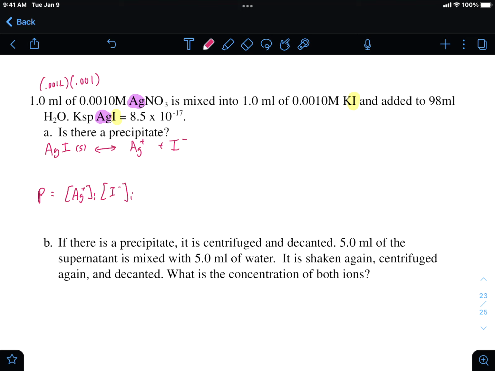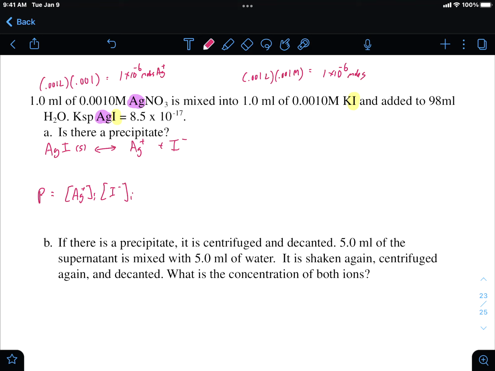So this is going to be 1 times 10 to the minus 6 moles of Ag, and over here 0.001 liter times 0.001 molar, same number of moles.